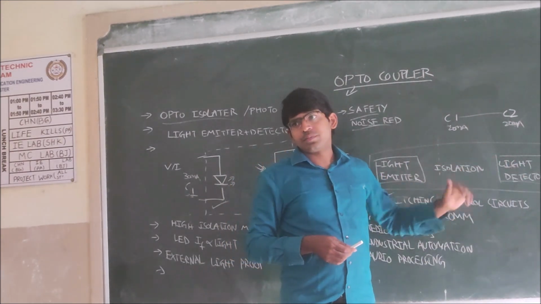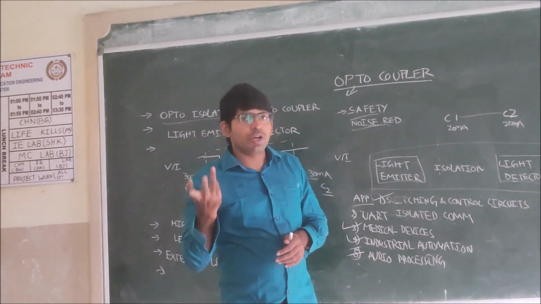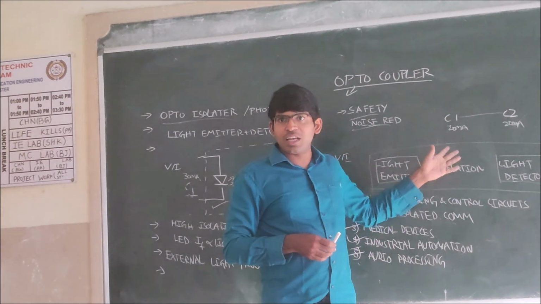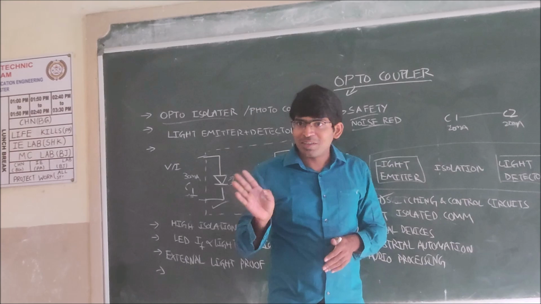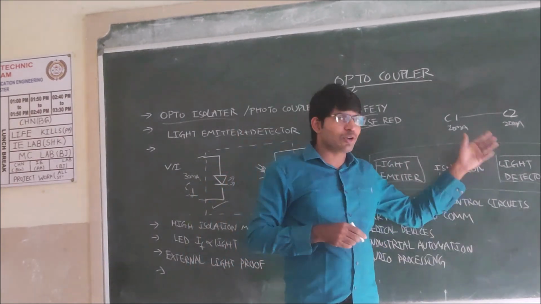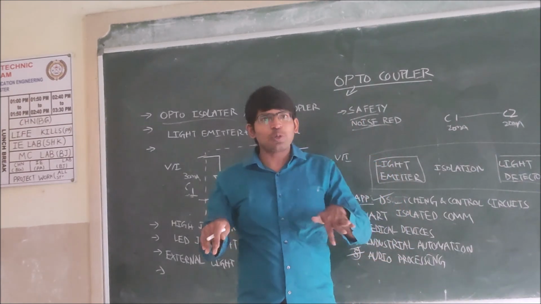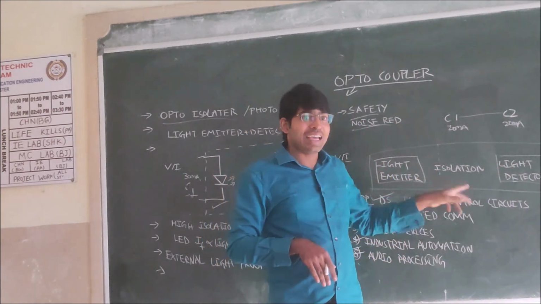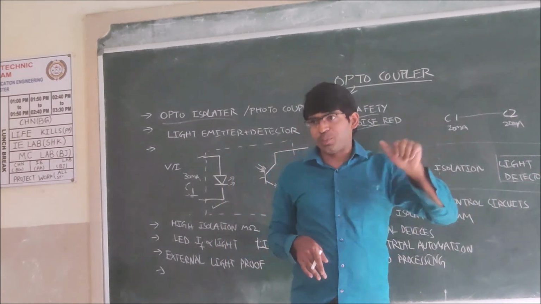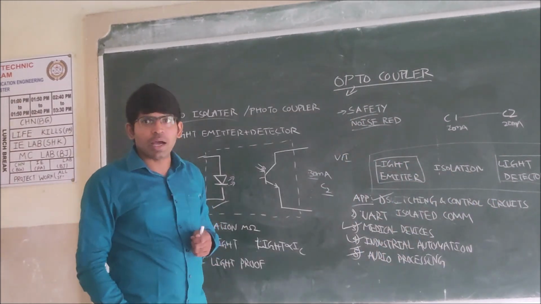Light detector, photodiode or phototransistor. Is this isolation electrical isolation or optical isolation? Electrical isolation. If it were optical isolation, light would not go, but light has to go. The isolation is electrical isolation, but it is optically transparent. This is about the optocoupler.